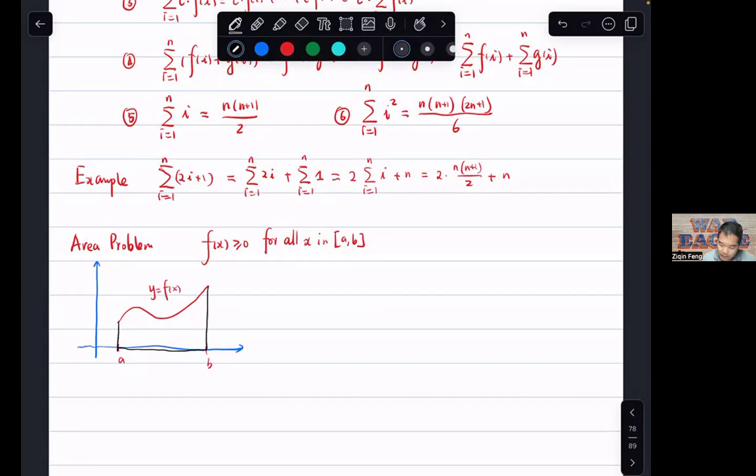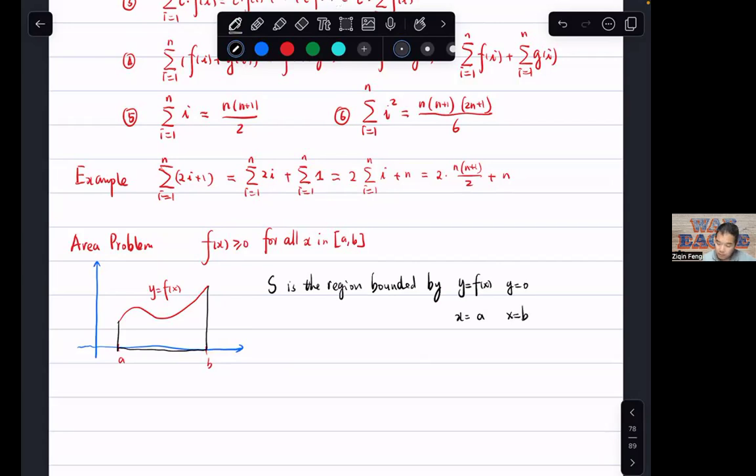So we call that S. So S here is the region bounded, enclosed by y equal to f of x on top, y equal to 0 on the bottom, x equal to a on the left, x equal to b on the right. That's a finite region.